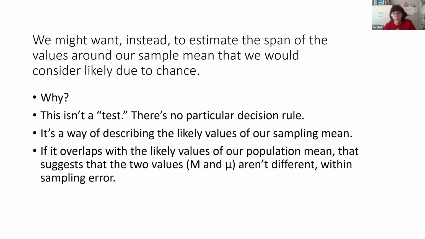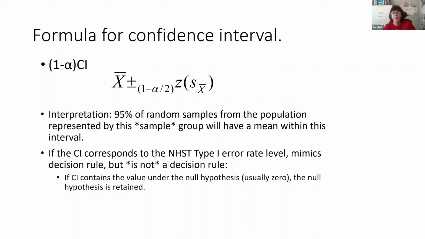So here's the formula. The formula looks a little bit ugly. It's really not. You name the type of confidence interval by 1 minus alpha. If you decided on an alpha of 0.05, then it's a 95% confidence interval.